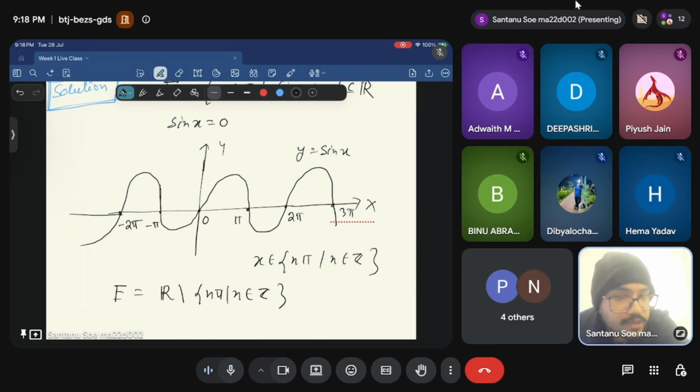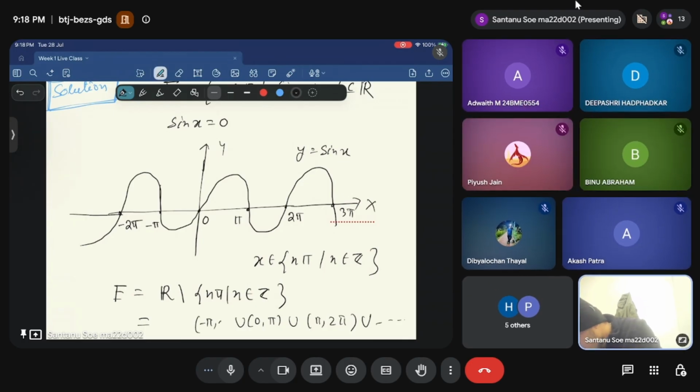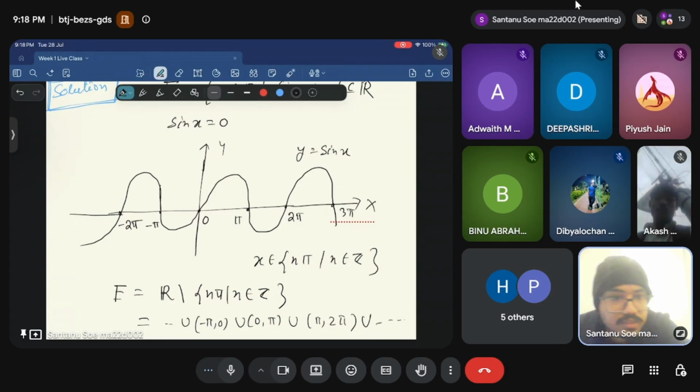R is a union of open intervals, right? So you can write it like this. Is it clear now? Can you write like this? Yes, sir. Okay.